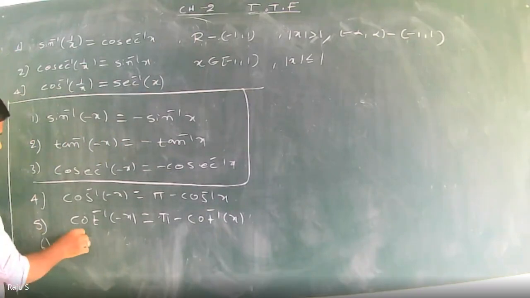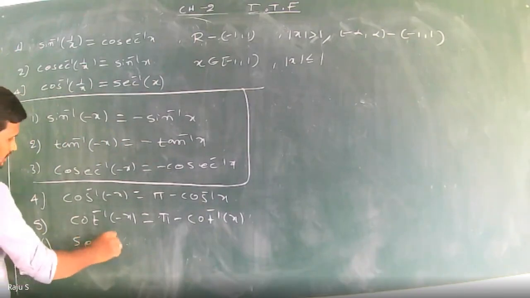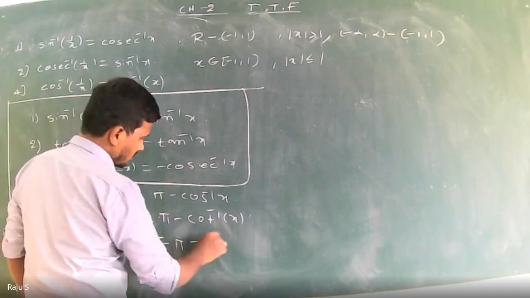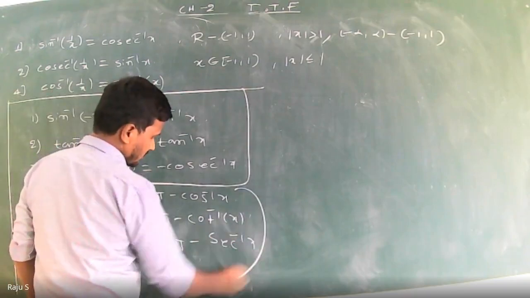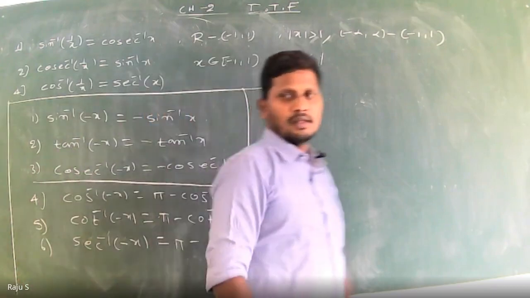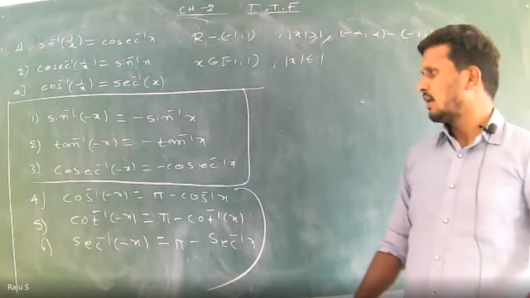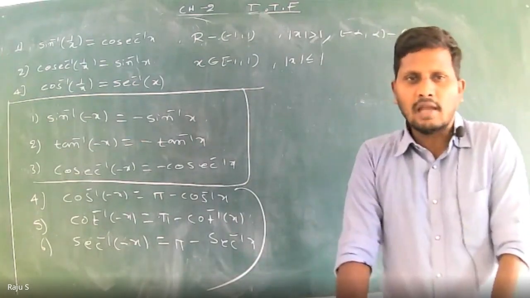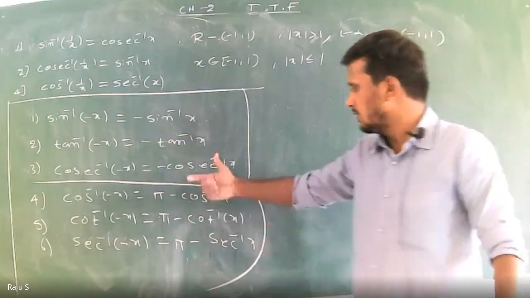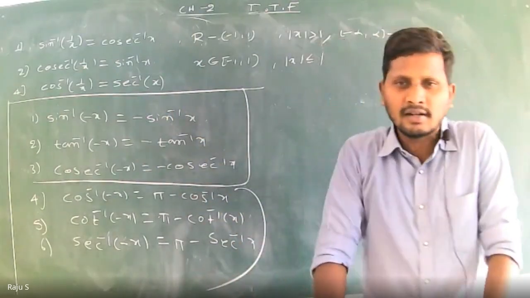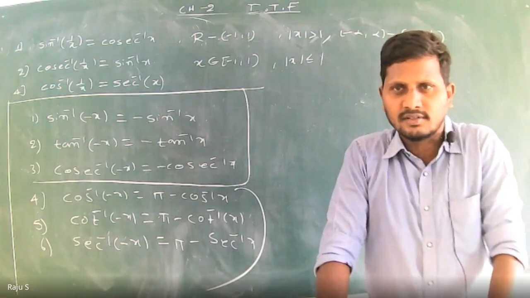Sixth one is secant inverse of minus x is equal to 180 minus secant inverse of x. So why should we consider the inverse of the negative value becomes pi minus the same function? Why do we take pi minus here? Let us see that graphical representation in the next classes.